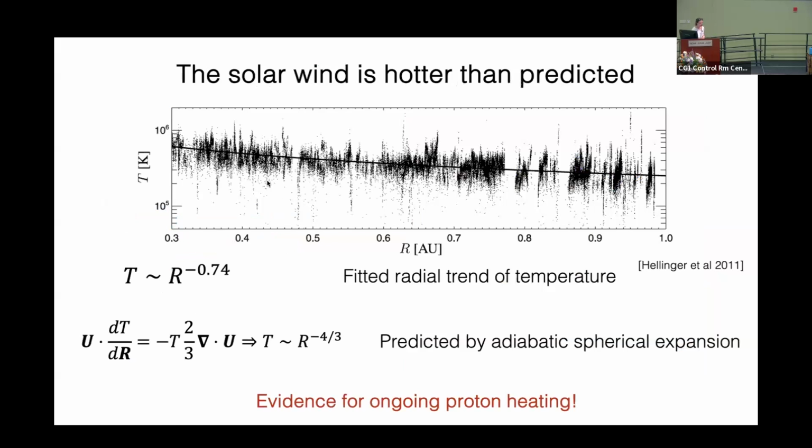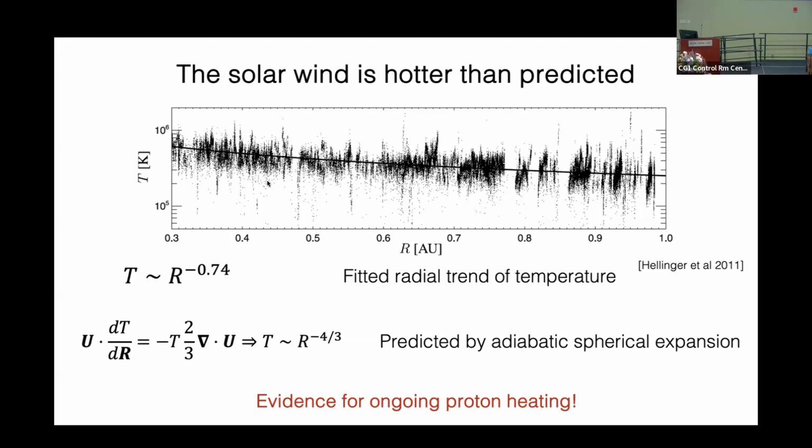The other problem is that if we adopt the standard laminar model of the wind, these kinds of models underestimate the temperature of the solar wind that we measure in situ. This is a plot of the temperature as a function of radial distance taken by the Helios mission. The solid line represents the best fit to a power law, which is reported here for reference.